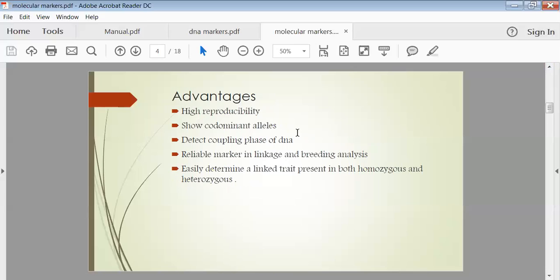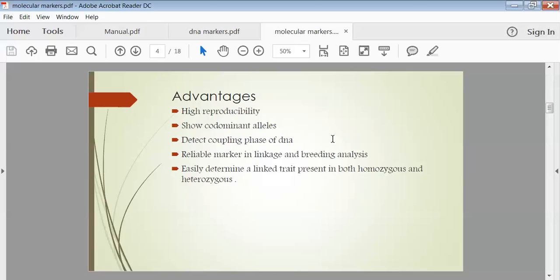Codominant alleles are also a very important thing. Codominant means suppose on a particular chromosome, two or three genes are simultaneously showing dominant nature. In that case, which gene is actually working over which one? That study can be done using RFLP.